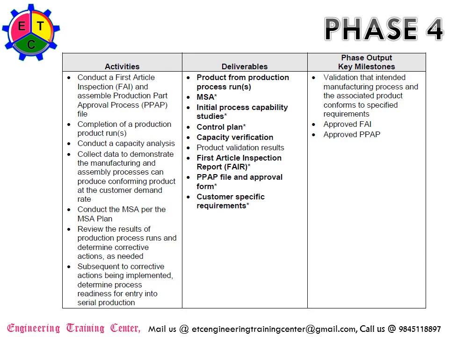So let's look at what are all the activities that we will be doing during phase 4, what are all the deliverables, and then phase output key milestones. So first thing is conduct a first article inspection and assemble the production part approval process file.